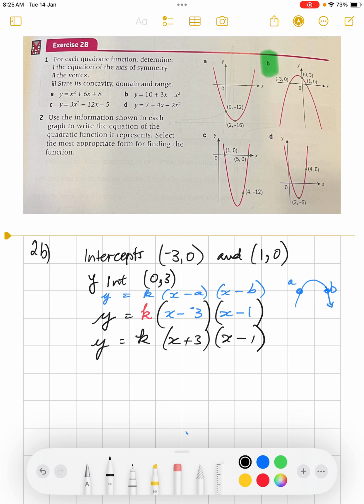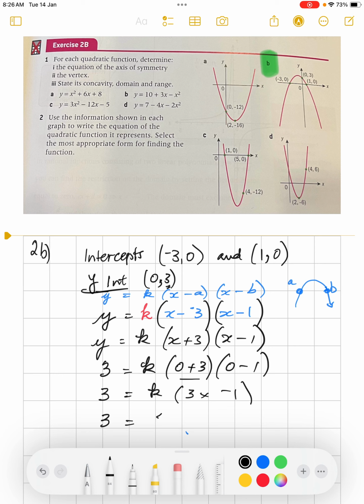Now, if we substitute 0 for x and 3 for our y-intercept, we can find our k value. So our y value has got to be 3. Let's see if there is a stretch factor here. 0 plus 3, 0 minus 1. So we've got 3 equals k times 3 times -1, which is -3. Well, if k times -3 equals 3, therefore k equals -1.